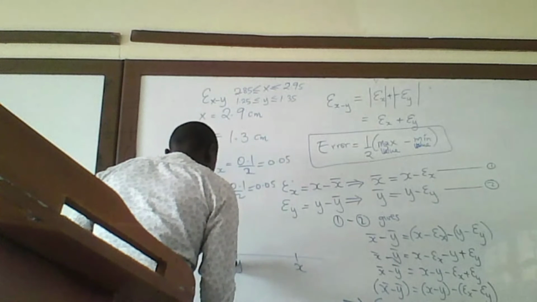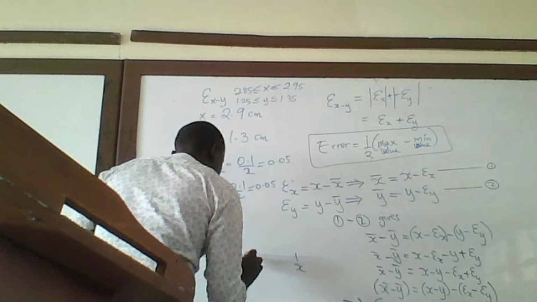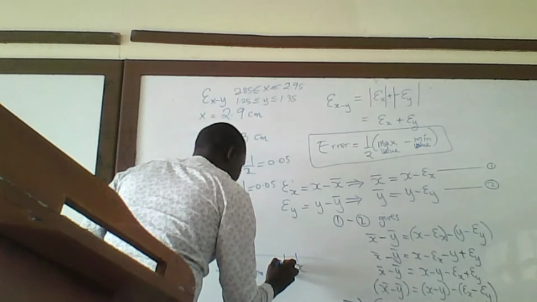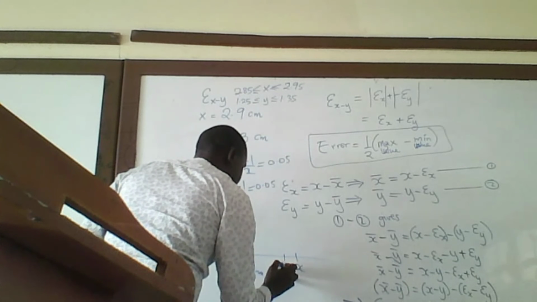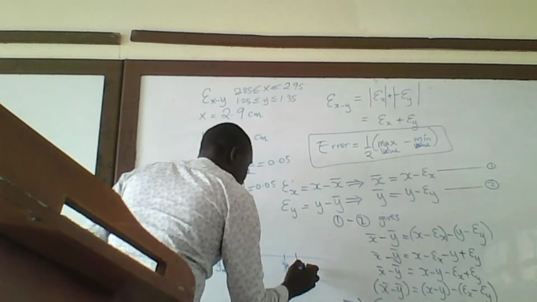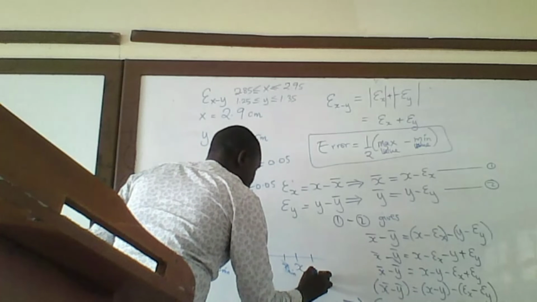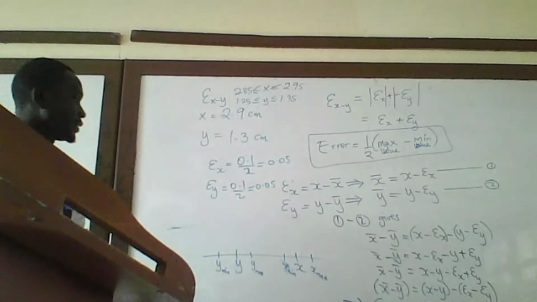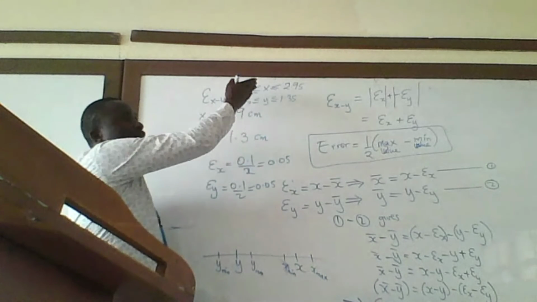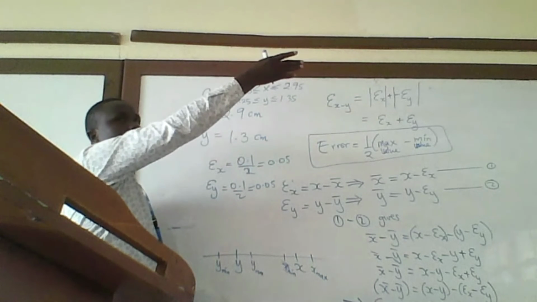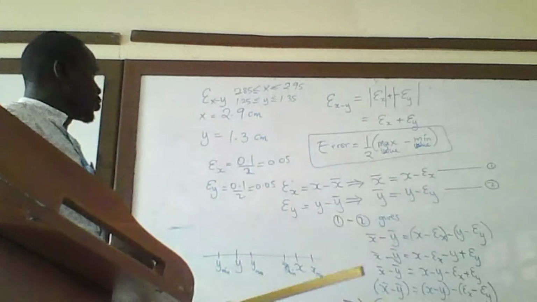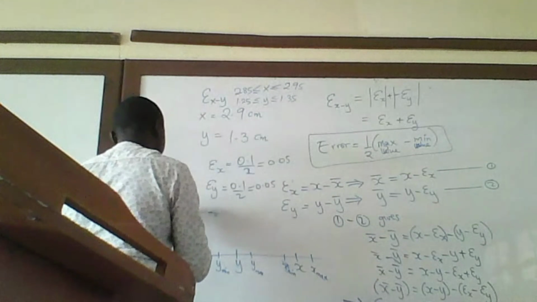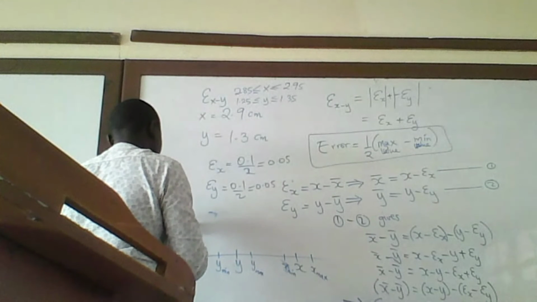To the left, I'll have y minimum. To the right, I'll have y maximum. Here I'll have x minimum and here x maximum. So by default, what is to the left is the minimum, what is to the right is the maximum. Our interest is to get the maximum difference.